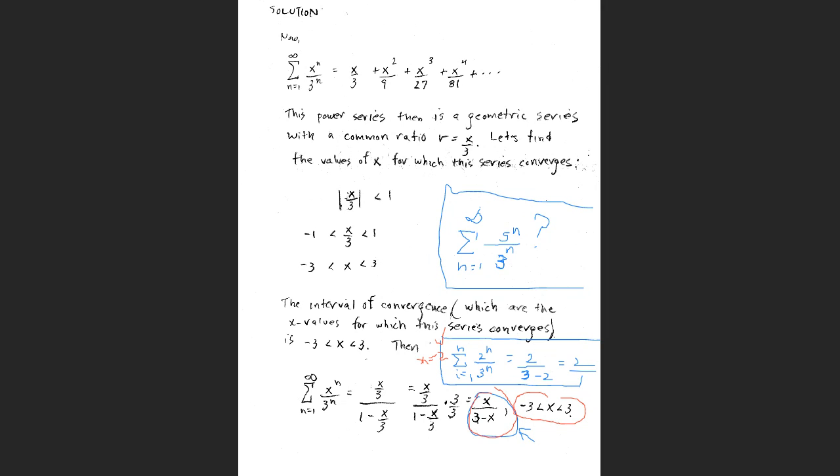Here now I'm letting x equal 5 for this little example. And 5 is not in the interval from -3 to 3. Let me ask you, should you spend effort trying to find the sum of this series?